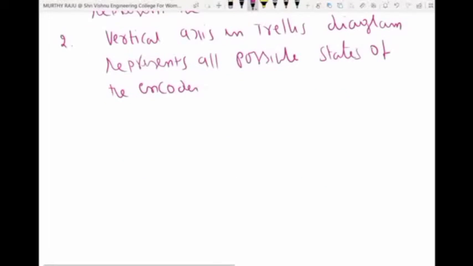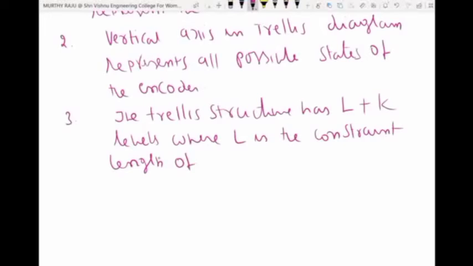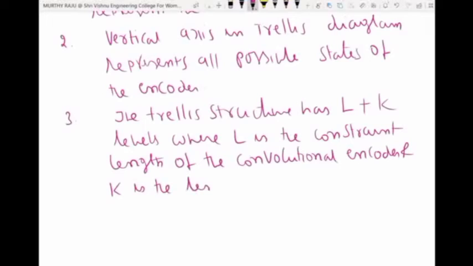Okay. The third important point here is that the trellis structure has L plus K levels, where L is the constraint length of the convolutional encoder and K is the length of the message sequence.